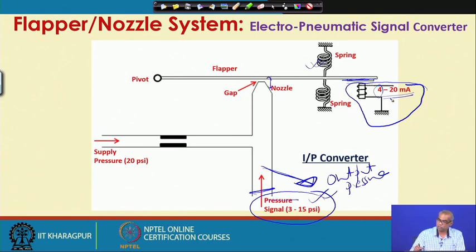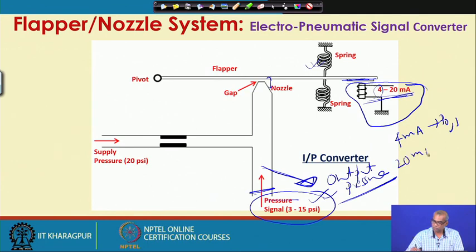So, it is possible to convert the current in the range of 4 to 20 milliampere to different output pressures here. So, if for 4 milliampere current the output pressure is say P01, and for 20 milliampere current the output pressure is say P02, in between we will have values for output pressure corresponding to in between values for the milliampere current.